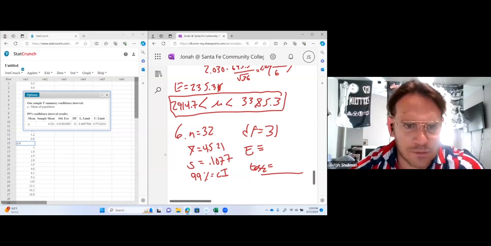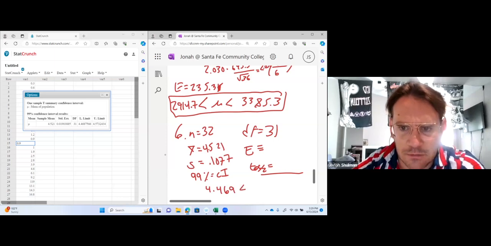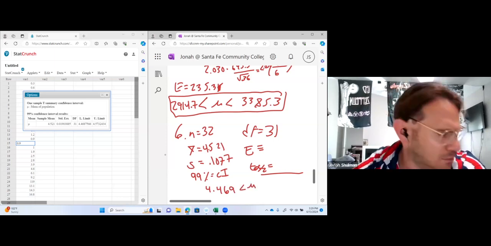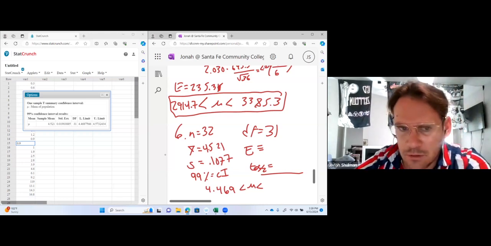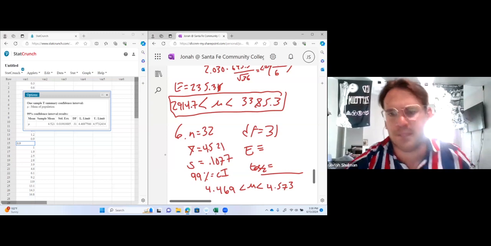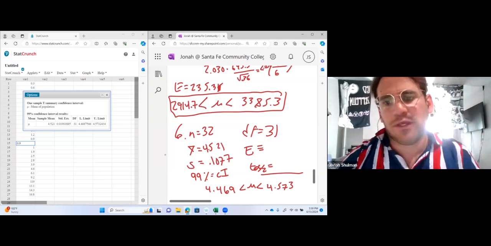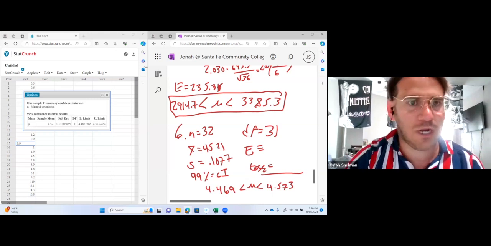This final answer is going to be 4.469. They give us this one? No, they don't. That's okay. 4.573. To get the error, we could just take the lower and the upper bounds and put it around the mean and just see how far it is away, or just subtract one of them.